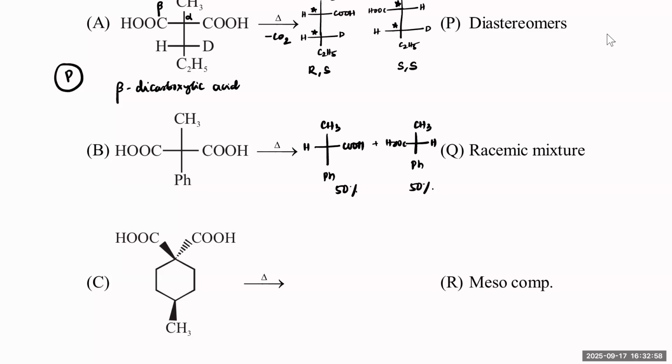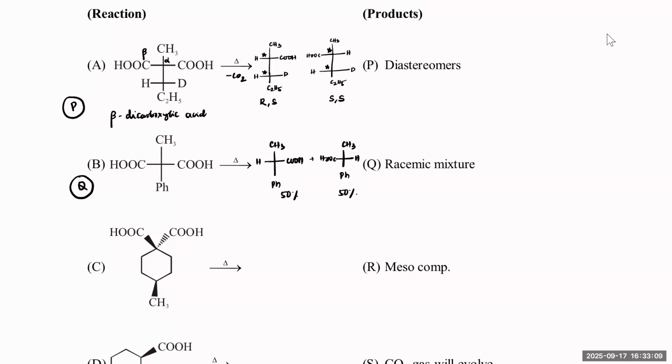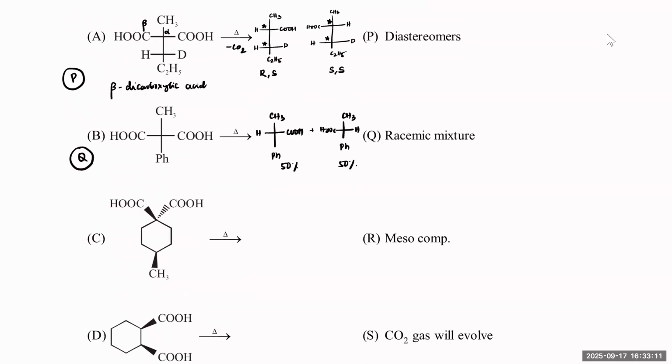Single chiral center, both of them are mirror images of each other. What are these two? Enantiomers. And 50% of each enantiomer will make it a racemic mixture. Clear? Yes. And here also CO2 gas is evolved. In the first case also CO2 gas is evolved. So S will be there for both the options.